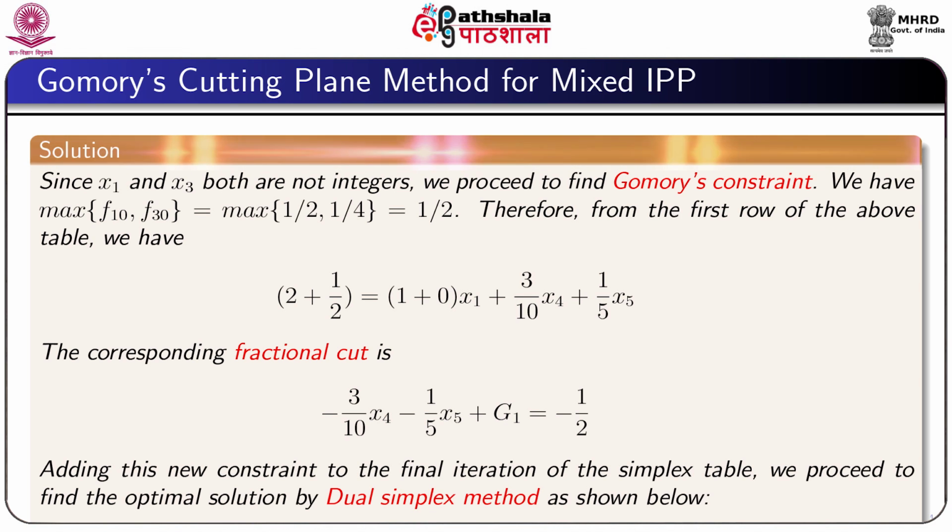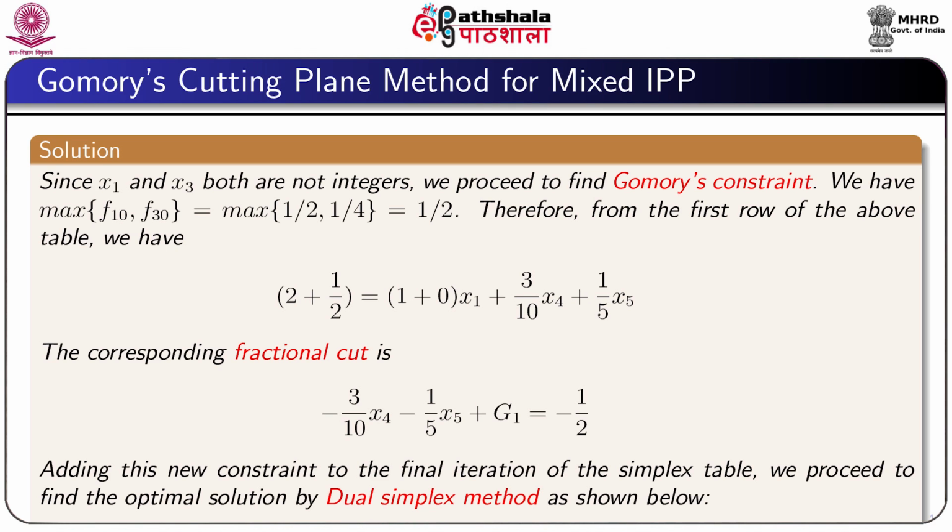Now, we have maximum of f 10, f 30 equal to maximum of half and 1/4, which is equal to half. Therefore, from the first row of the above table, we have 2 plus half equal to 1 plus 0 into x 1 plus 3 by 10 into x 4 plus 1 by 5 into x 5.